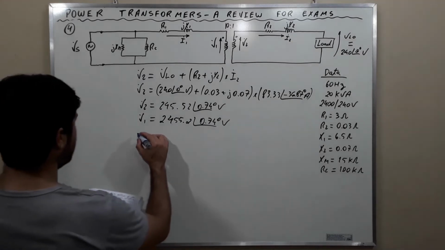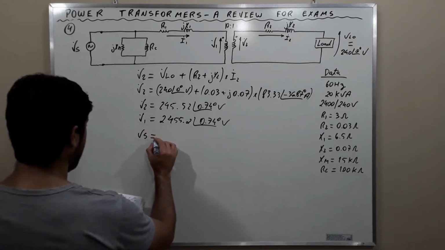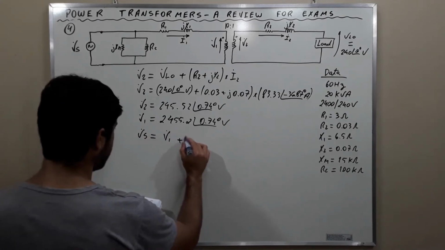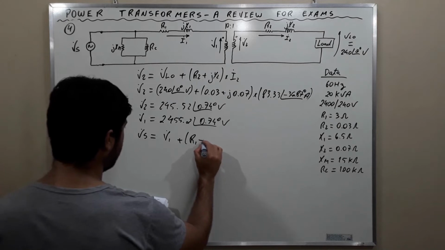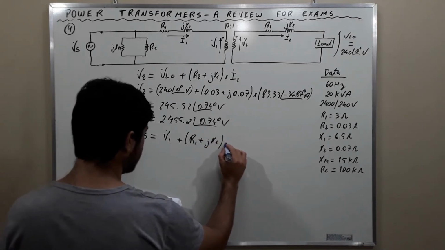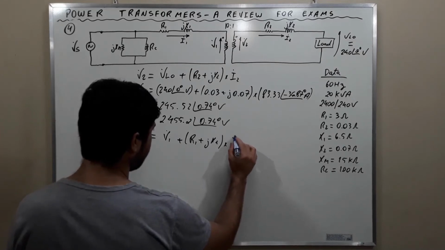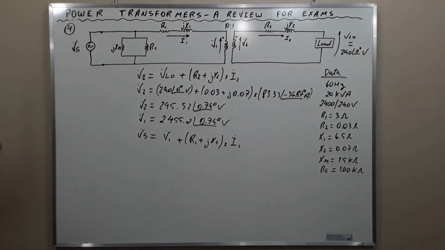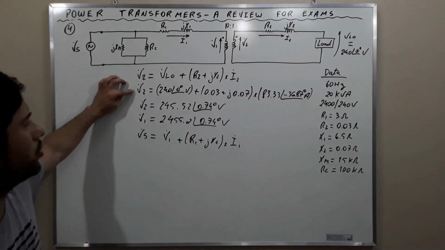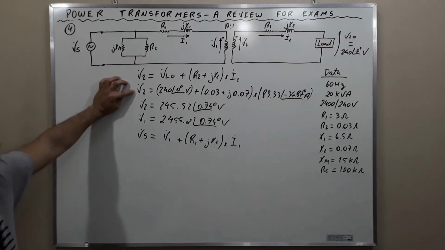Alright, so Vs is equal to V1 plus R1 plus jX1 times I1. We're going to use the value of V1 here, calculating as we calculated here.